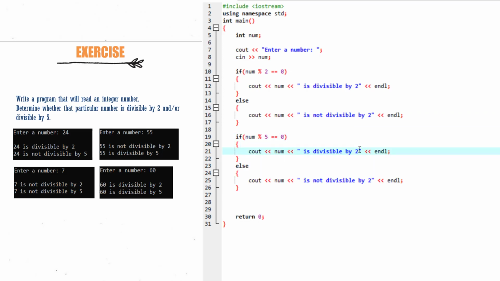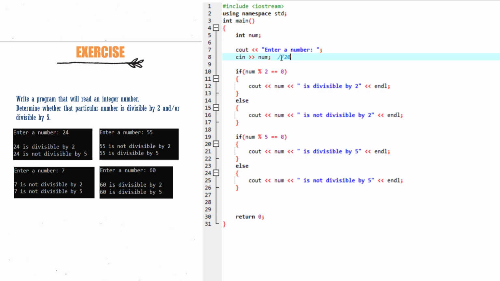So we need to change everything here. So I take an example. For example, if the user enters here as 20, logically 20 would be divisible by 2 and also divisible by 5.